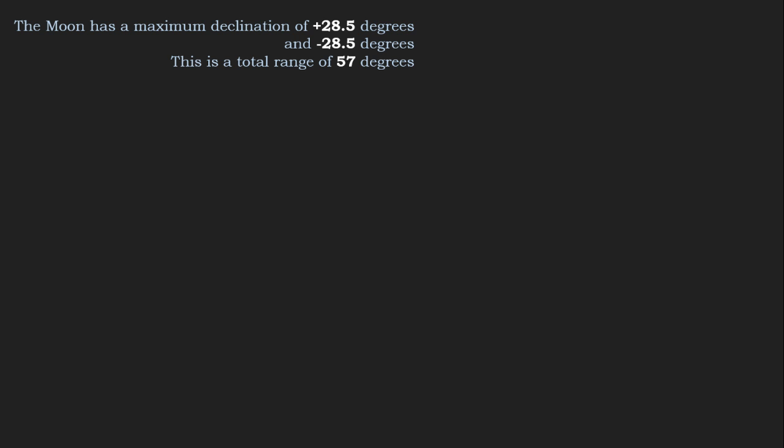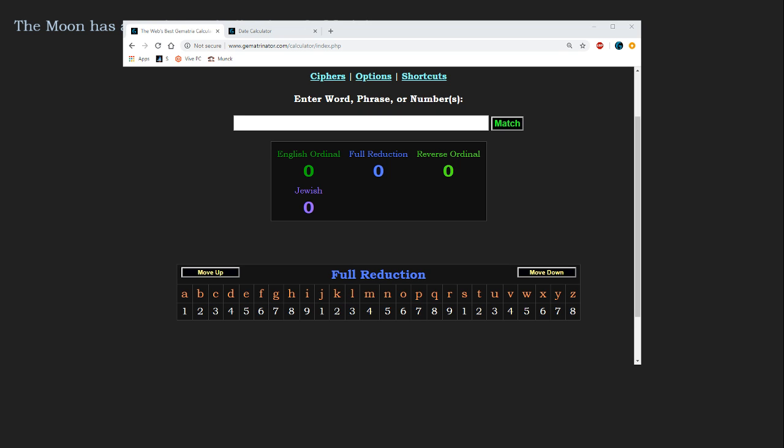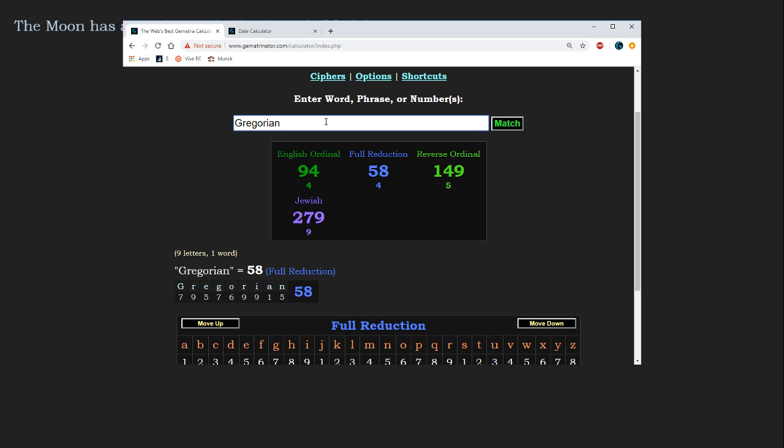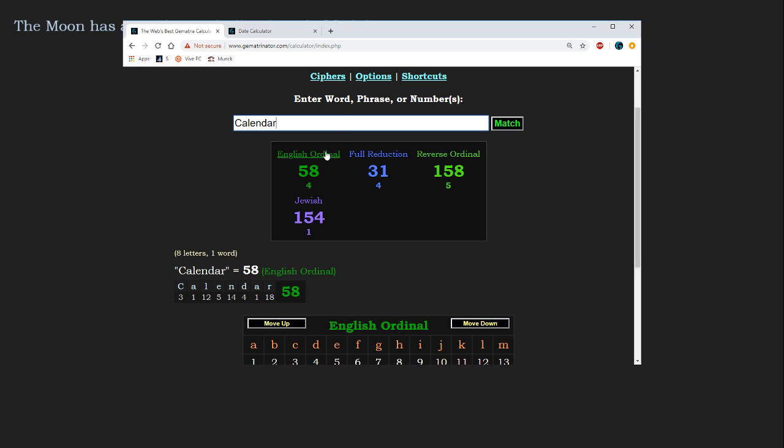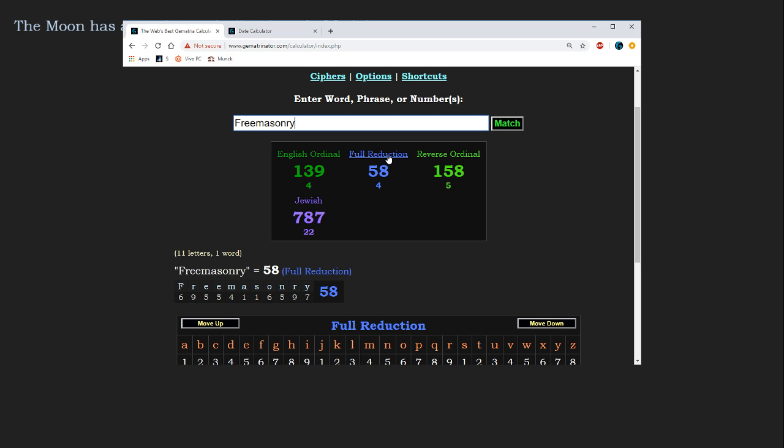The current calendar that we use is the Gregorian calendar. And in the language of Gematria, you'll notice that Gregorian has a reduction value of 58. The word calendar, using the alphabetic order, equals 58. Freemasonry sums to 58 in the reduction method.